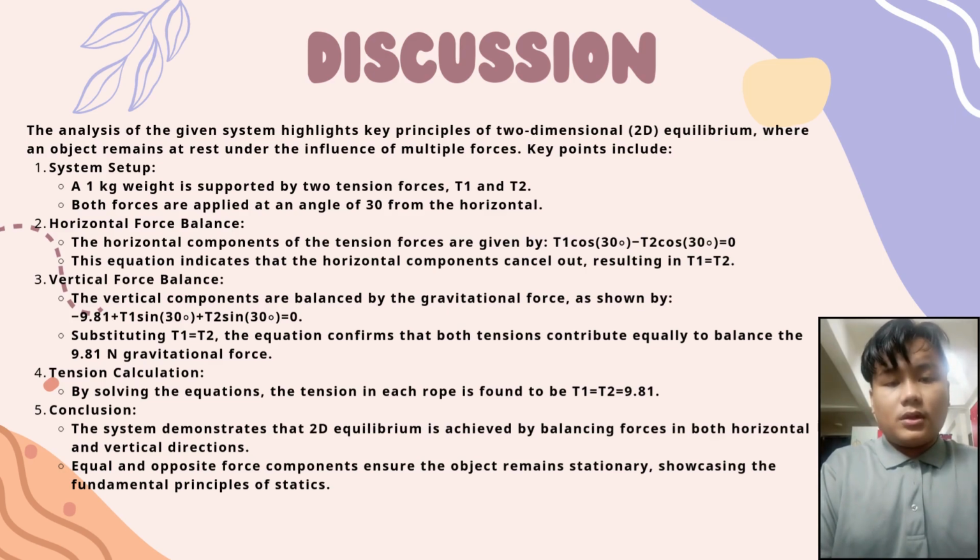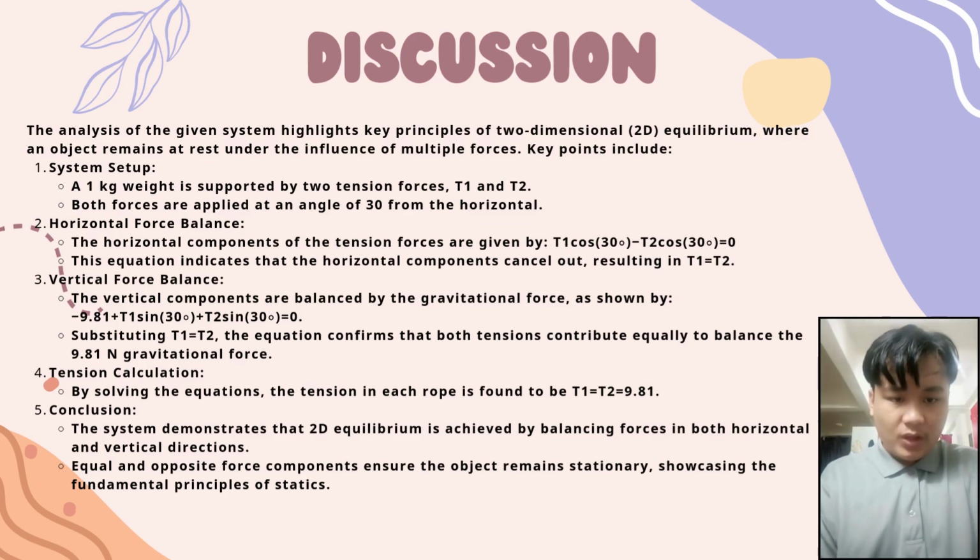Alright, for the second part, which is the vertical force balance, the sum of Fy equal to 0, we use that as our formula, and then we apply it as T2 sine 30 plus T1 sine 30 minus 9.81 Newton equal to 0. Why do we minus 9.81 Newton? Because there is a gravitational force applied on the mass.